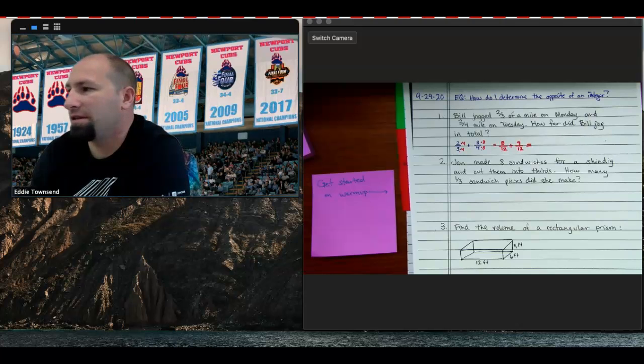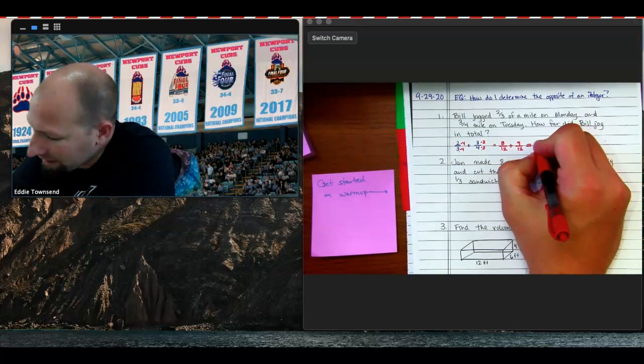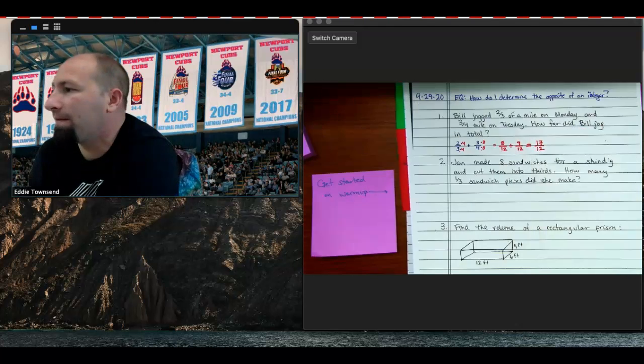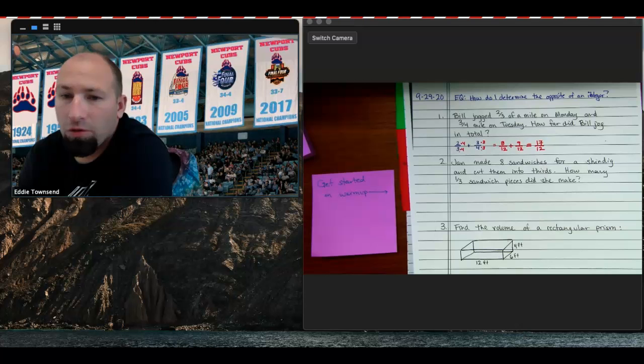Each pizza still is only cut into 12 pieces. But you're just trying to find out how many total pieces you have. So 8 plus 9 is 17. So we have 17 out of 12.